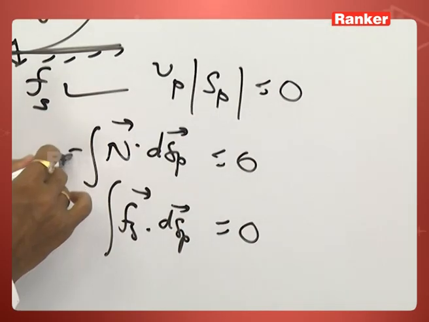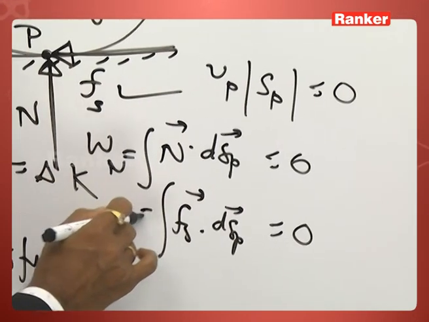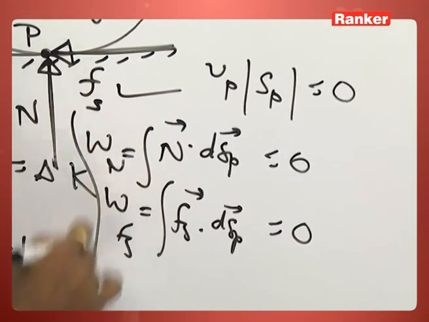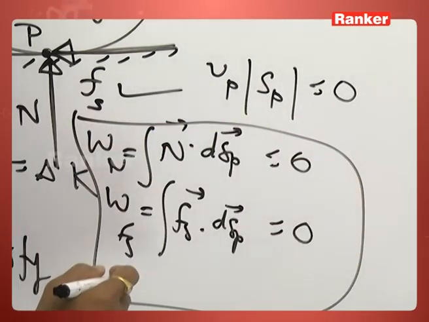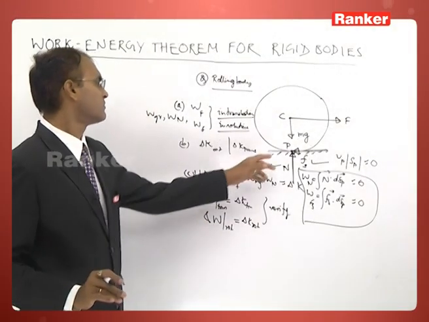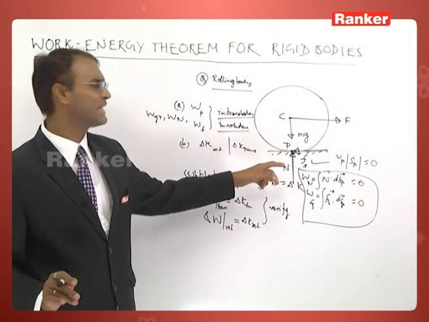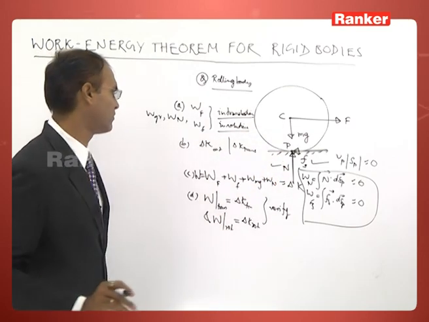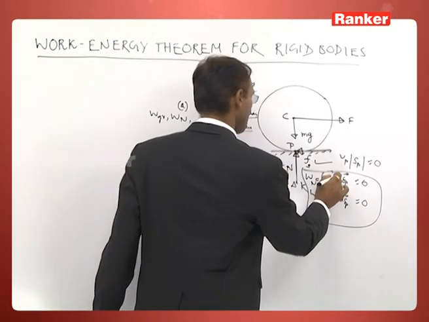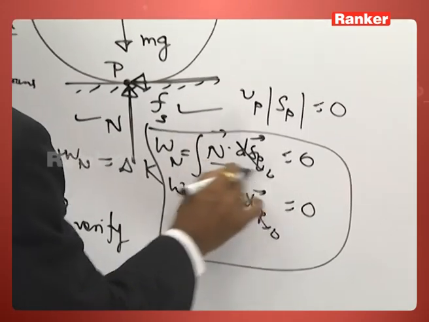These two are the work done by the normal reaction and the work done by the static force of friction. They cannot produce any work because the point at which these two forces are acting doesn't move. So this factor will be 0. Therefore, the work done will be 0.